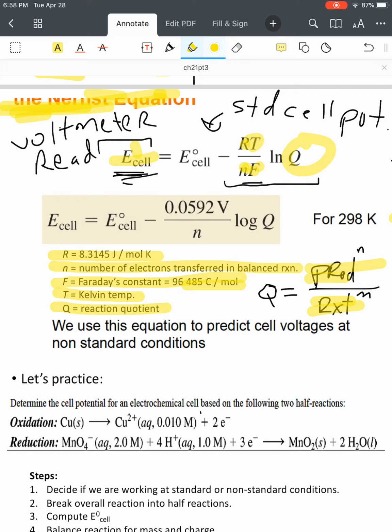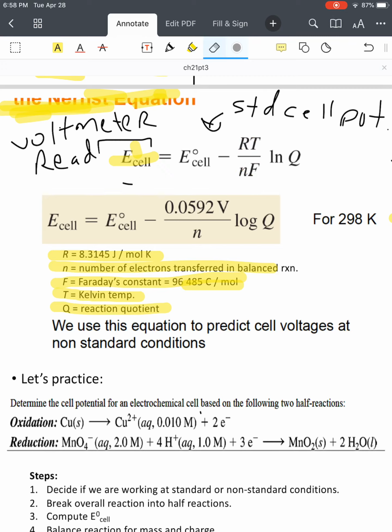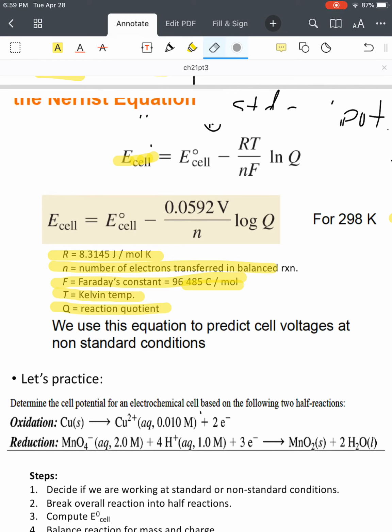And that's how we compute the reaction quotient. When we work an example problem in a few minutes, we'll get more into that and you can see exactly what I mean. But this is how we compute, using the Nernst equation, the E cell, what the voltmeter should read under non-standard conditions. We're going to need to know how to do this. You'll see it in the homework, probably also see it on your final exam in a question, okay?